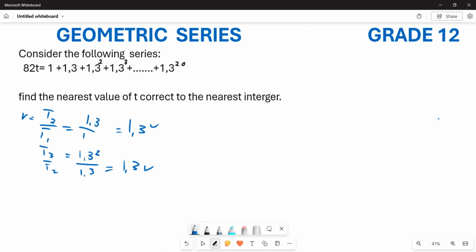The first term is 1, the second term is given by 1.3, your third term is 1.3 squared, and your fourth term is 1.3 to the power of 3. So what does this mean? This last term, 1.3 to the power of 20, is going to be your term 21.